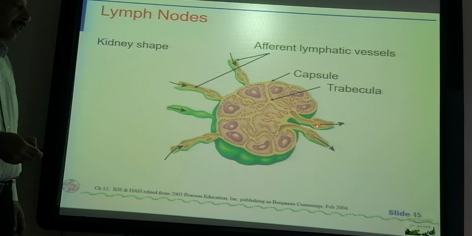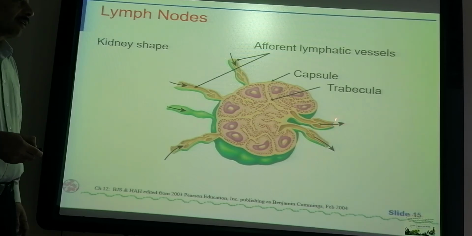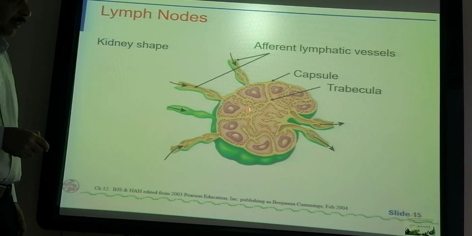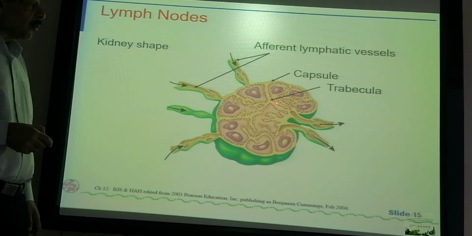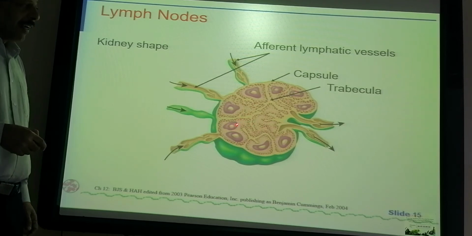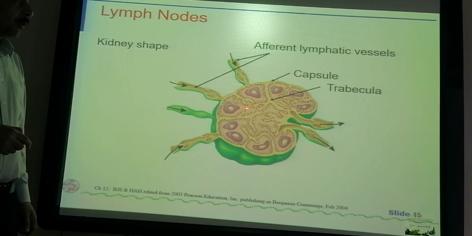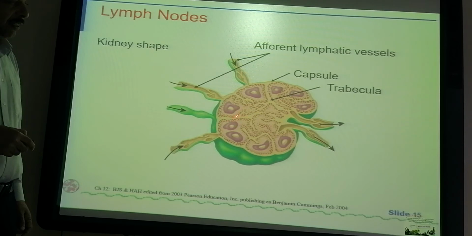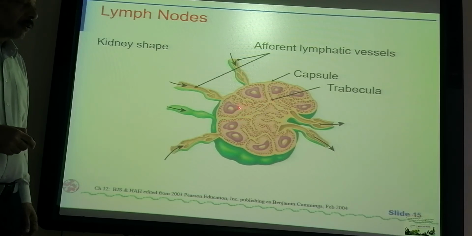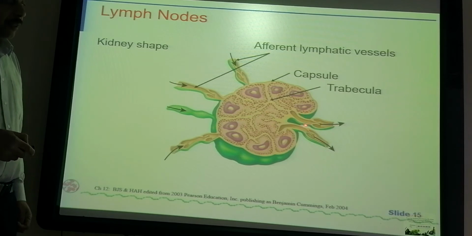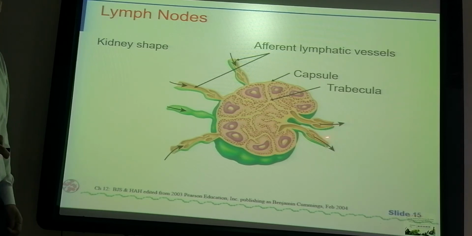Why is the number of efferent vessels less? In order to make the movement of fluid inside the lymph node slow. By that, the lymph node will be able to check every cell, every minute component of that fluid, and treat it before it reaches the efferent vessels.